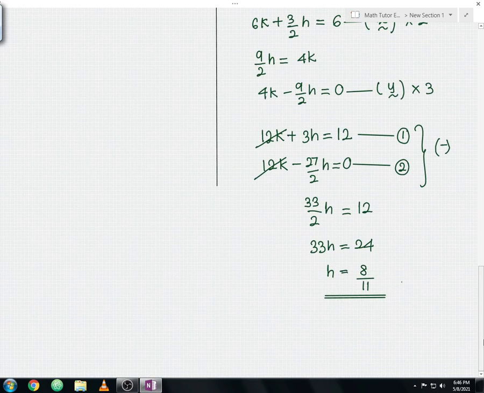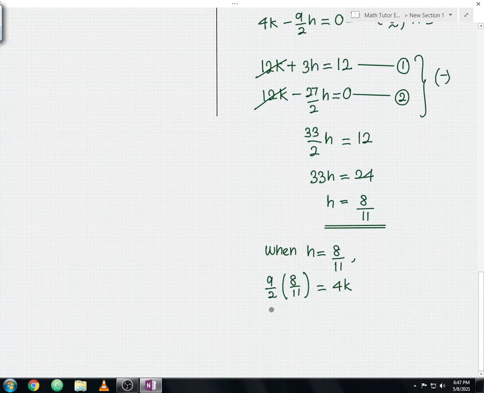When h is equals to 8 over 11, 9 over 2, since we have already found the h value is 8 over 11, you just substitute the 8 over 11 here, equals to 4k.